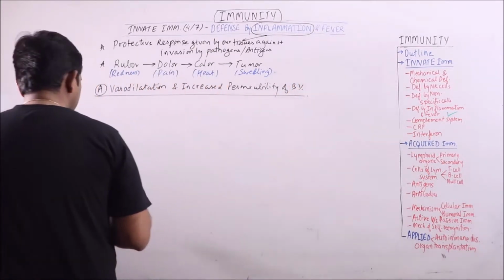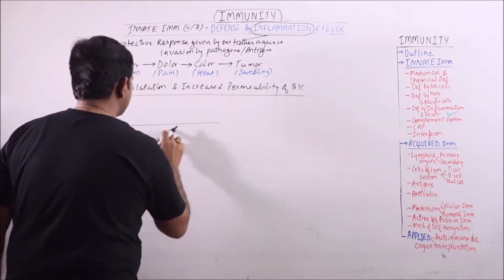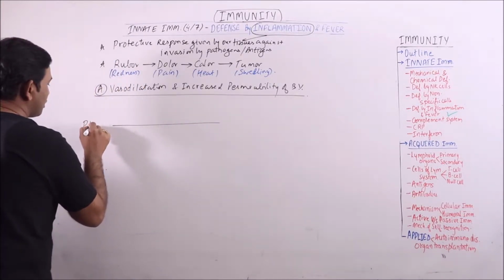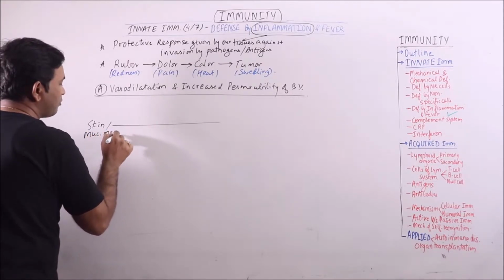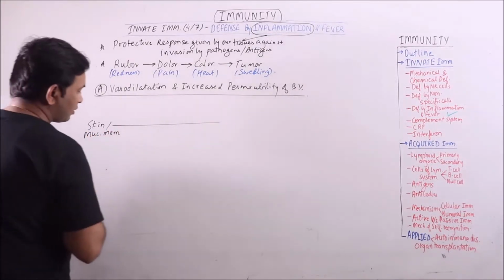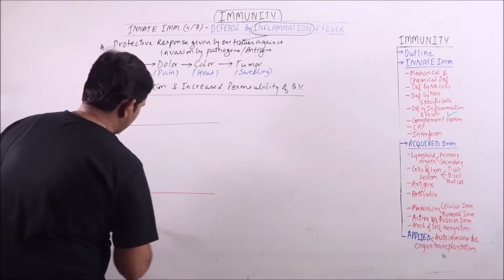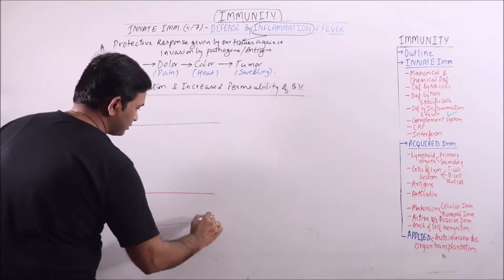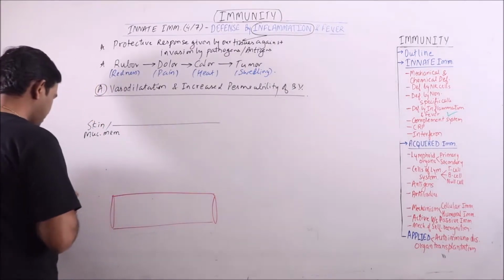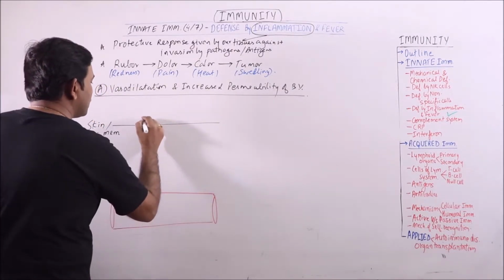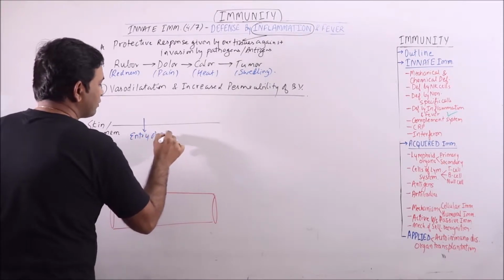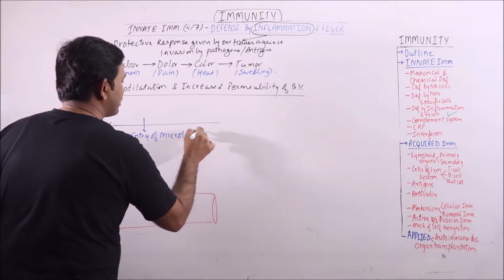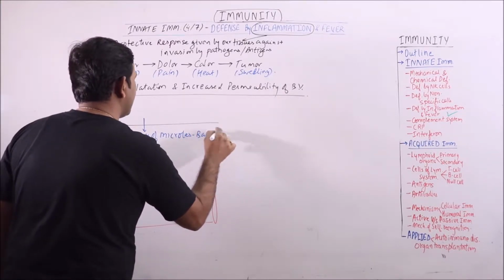Now, how does this work? This is skin or mucous membrane, and this is a blood vessel. The first step is that entry of microbes like bacteria occurs.